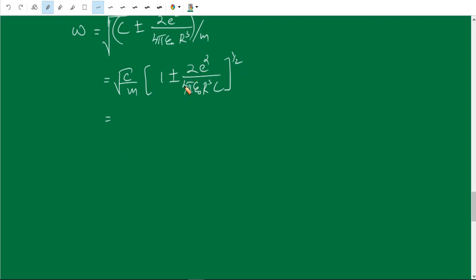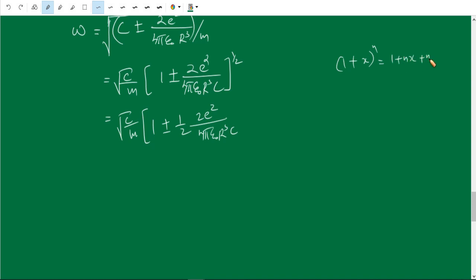Using the Taylor expansion, (1 plus x) raised to n is equal to 1 plus nx plus n(n minus 1) by 2 factorial x square plus so on. The next term is 1 by 2 into minus 1 by 2 divided by 2 factorial, which is minus 1 by 8.